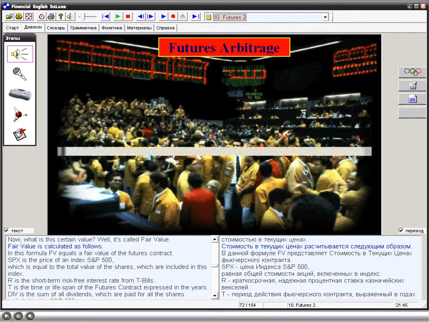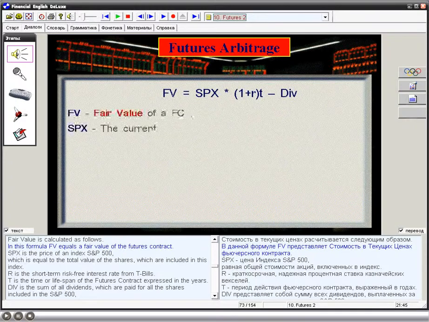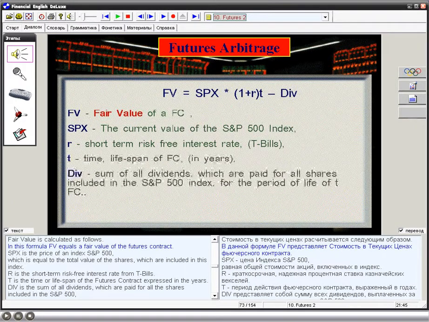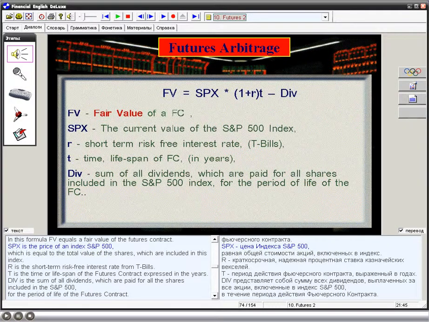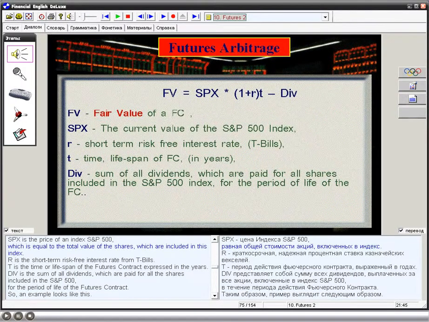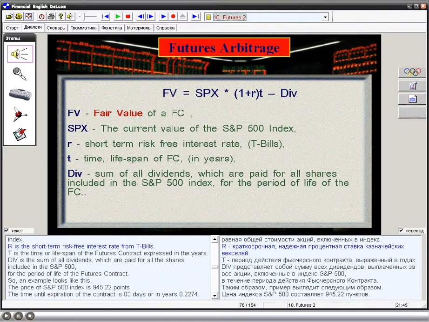Fair value is calculated as follows. In this formula, FV equals the fair value of a futures contract. SPX is the price of an index S&P 500, which is equal to the total value of the shares which are included in this index.